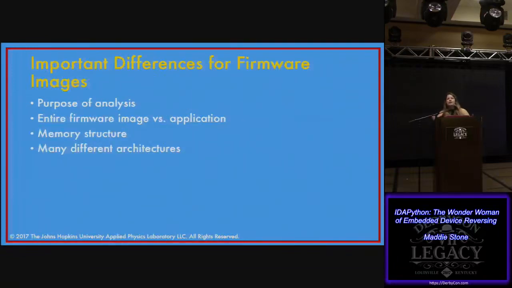So what are some of these important differences that we have to keep in mind when we are reversing an embedded firmware image instead of looking at an application? So the first thing we have to think about is, why are we doing our analysis? In applications, that's usually your malware, you're looking for how are they interacting with the operating system?